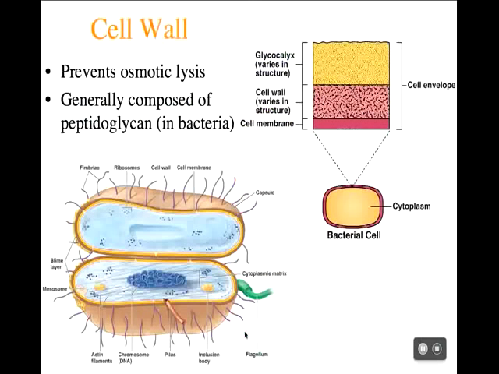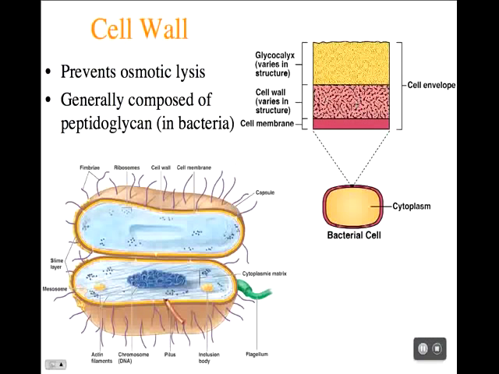All right. So if we look back at the cell envelope here, we have talked about the outermost structure, which is the glycocalyx, that sugary coat on the outside that allows attachment and protection. Next thing I want to talk about is the cell wall. The cell wall is the middle structure of the cell envelope.